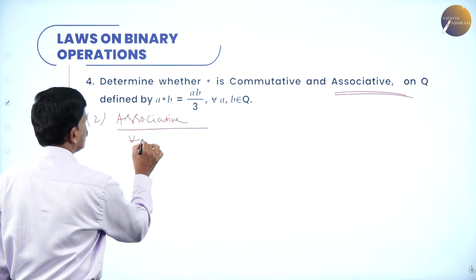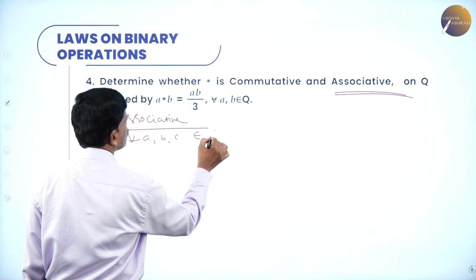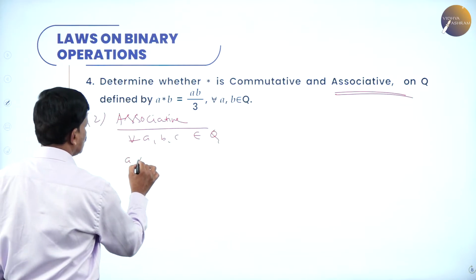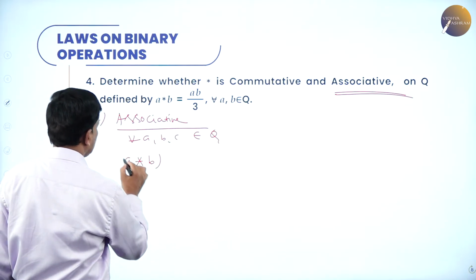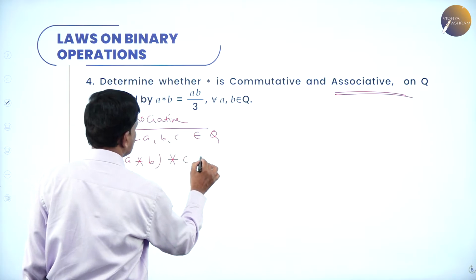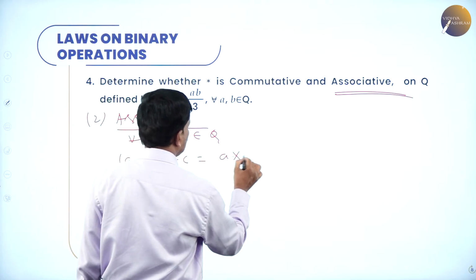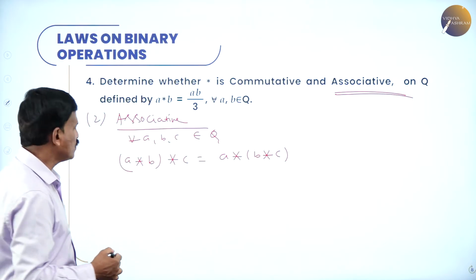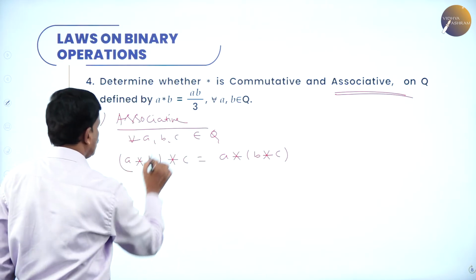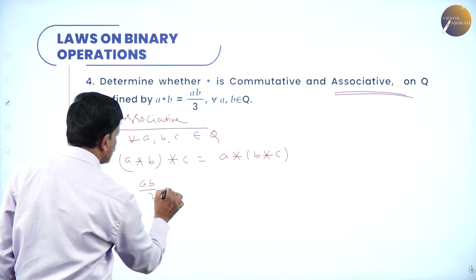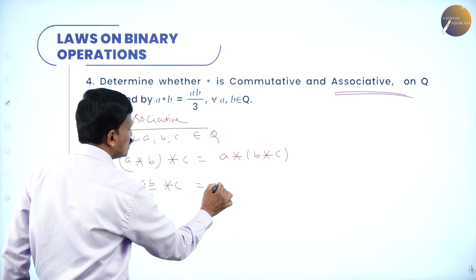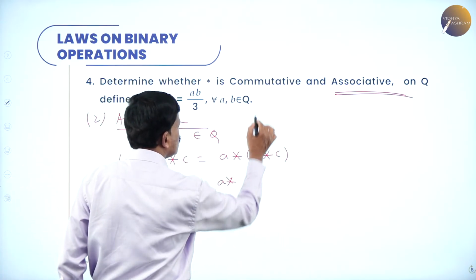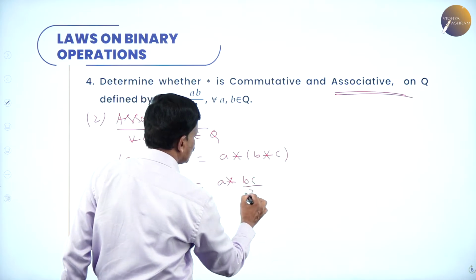Associative property, for all A, B, C belongs to Q. Let me start with (A star B) star C is equal to A star (B star C). Straight away I will solve here itself. Now, you know what is A star B? AB by 3 star C. And B star C can be written as BC by 3.